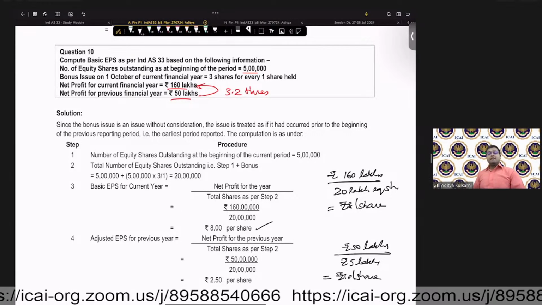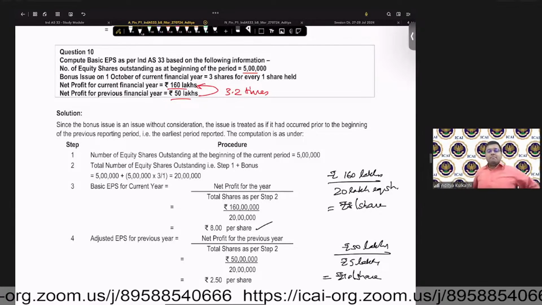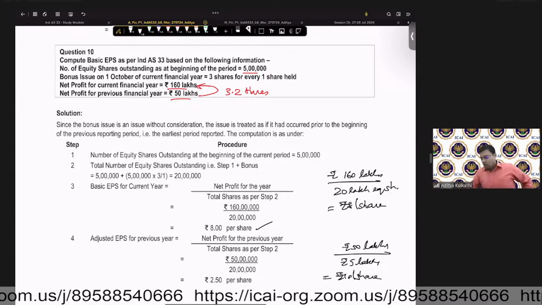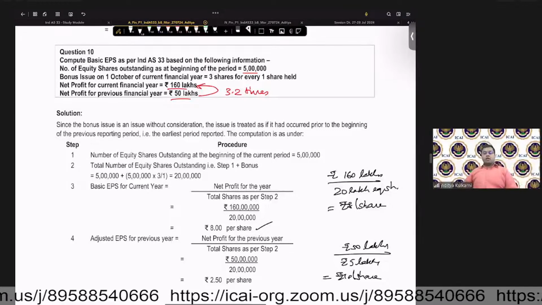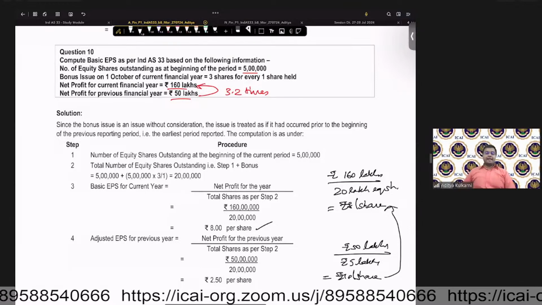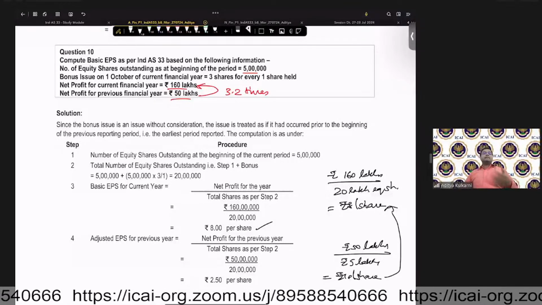And then the investor will ask you a question: your profit went up by 3.2 times, why is your EPS falling? 10 became 8 when actually your profit has gone up. So why has it reduced?